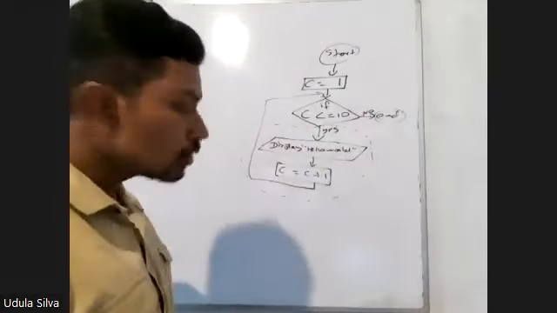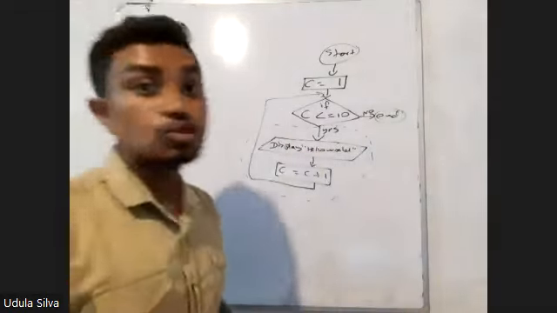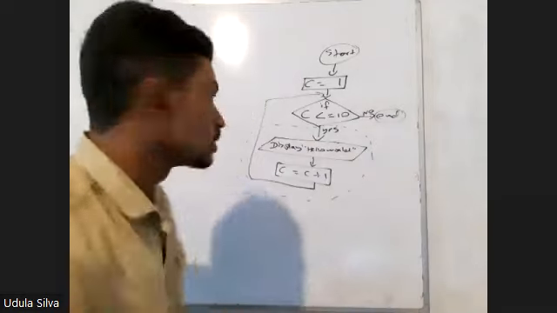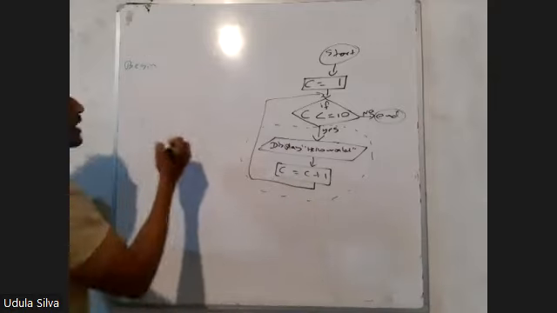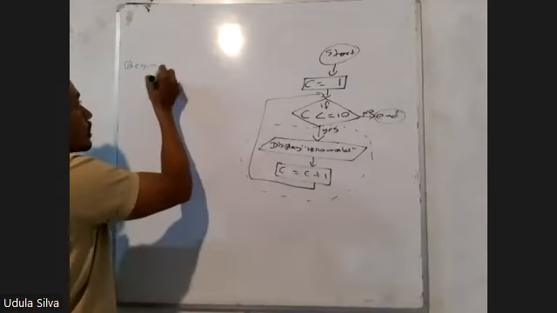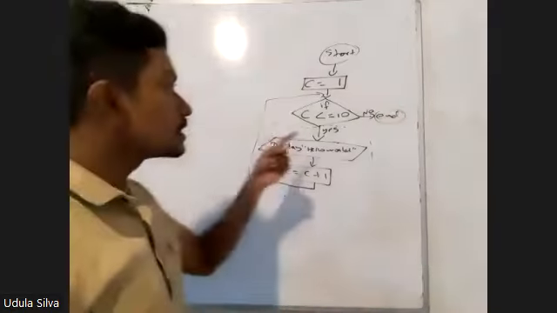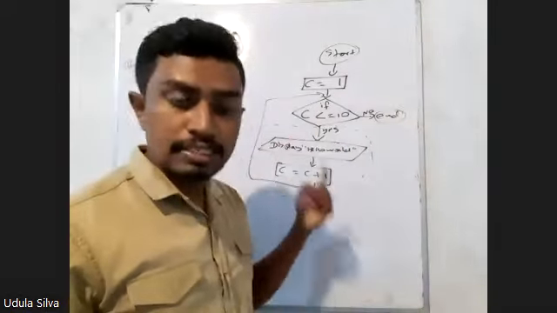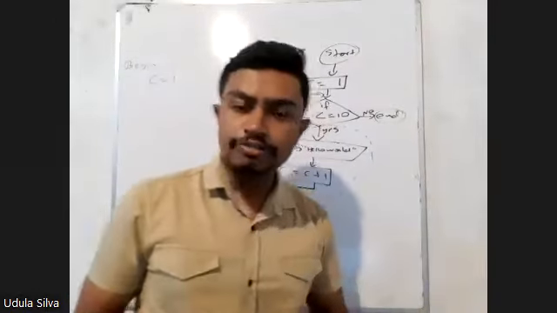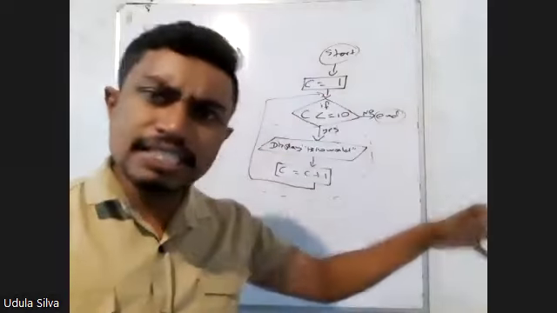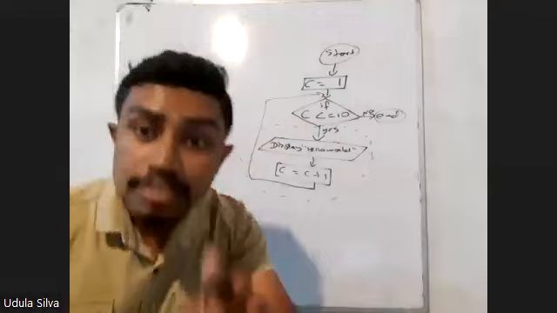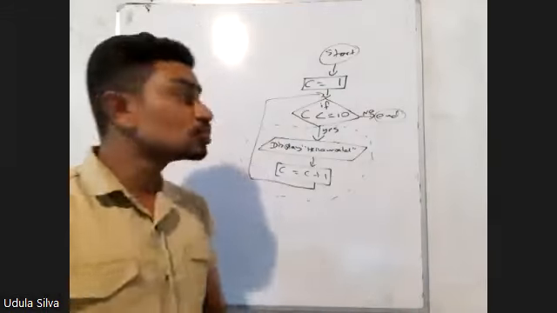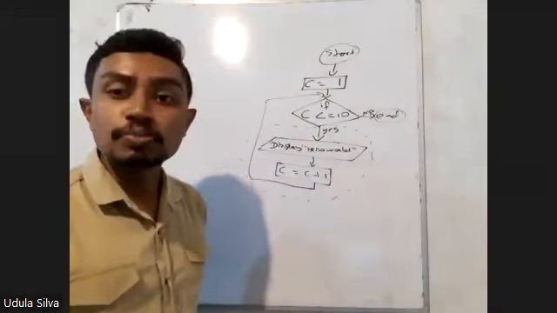Okay. Now let us go for the pseudocode. Begin, then C equal 1. Then look at the condition. Now my condition is repeating from the yes side. If your flow chart is repeating from the yes side, then you must use the while loop.